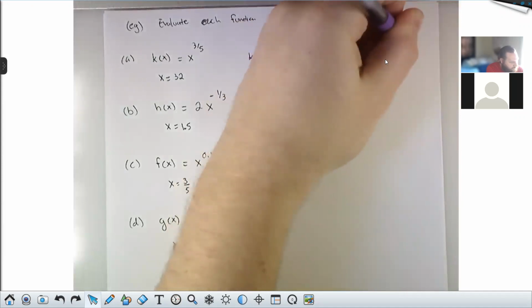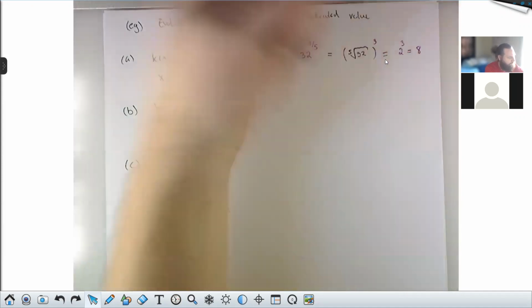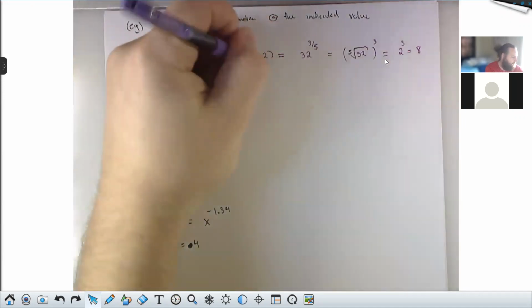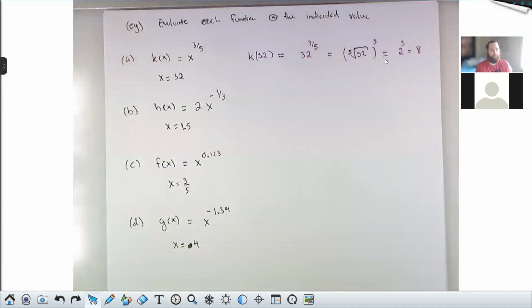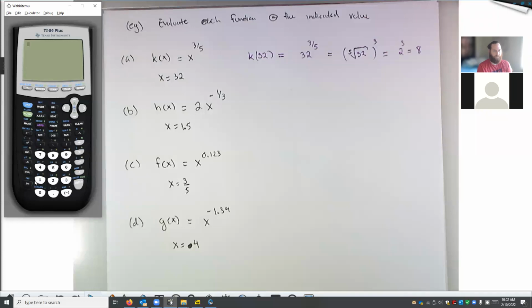So this is 2 cubed, which is 8. Or from the calculator, do it like this. 32 raised to the power, and again, parentheses if you're in an older calculator, 3 divided by 5, close parentheses. And see, we get 8.